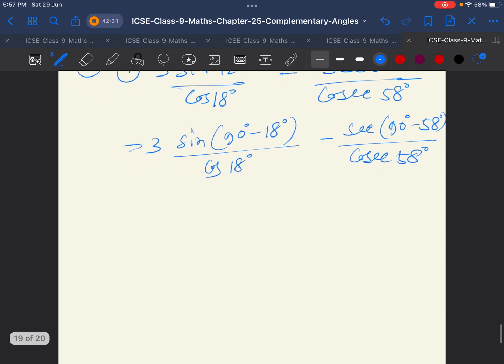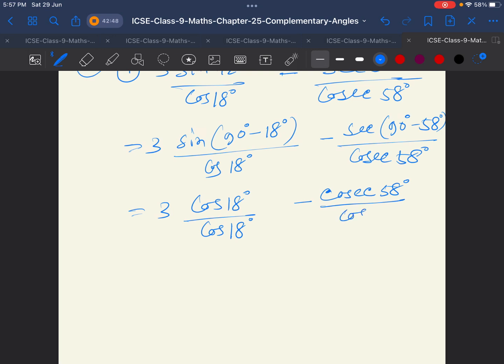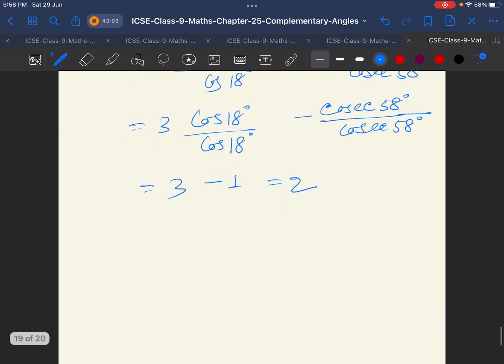So we can write 3 cos of 18 degree by cos of 18 degree minus cosec 58 degree by cosec of 58 degree. So cos 18 by cos 18 is 1, then 3 into 1 minus 1, cosec 58 by cosec 58, so this is 2.